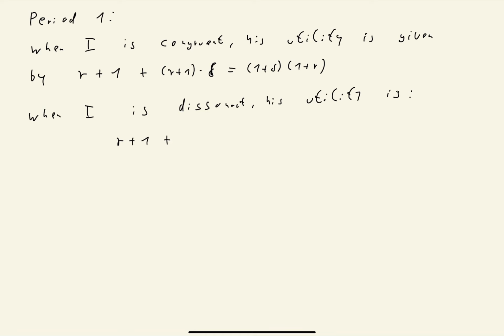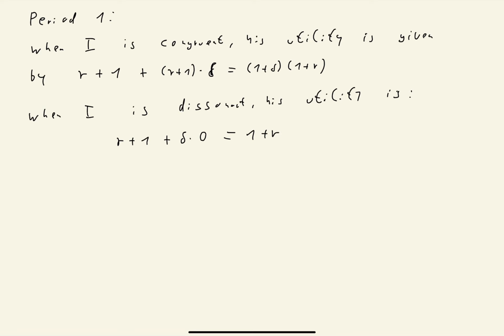And in the second period, he will not be re-elected because we are in a separating equilibrium, and the voter knows for sure that he is not a congruent type, so he will choose policy B again if he's re-elected. Therefore, his utility is simply given by 1 plus R.